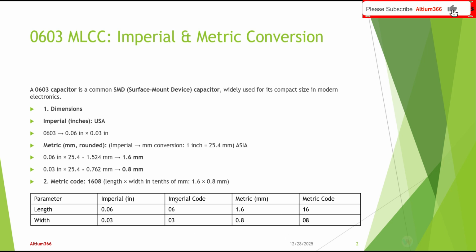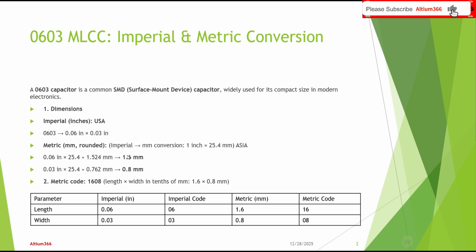So remember, imperial code is 0603 and the metric code is 1608, but both refer to the same physical component. And imperial unit is used in the USA and metric unit is used in Asia.